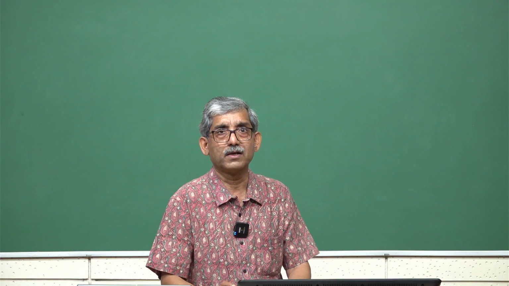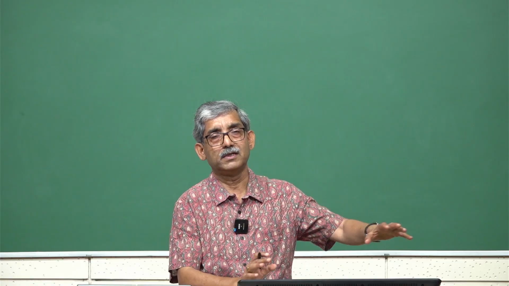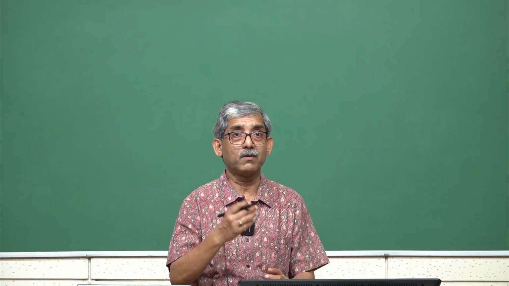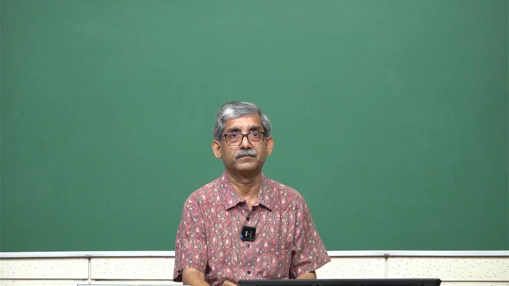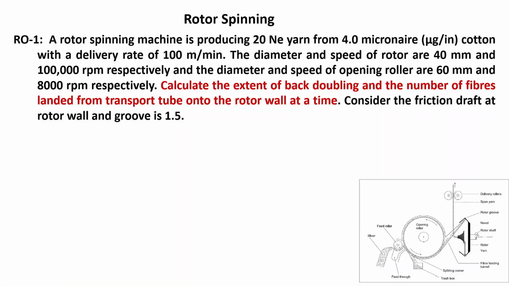Now, we will try to understand whatever we have discussed through some practical numericals. The first numerical: a rotor spinning machine is producing 20 Ne rotor yarn from 4 micronaire cotton with a delivery rate of 100 meter per minute.